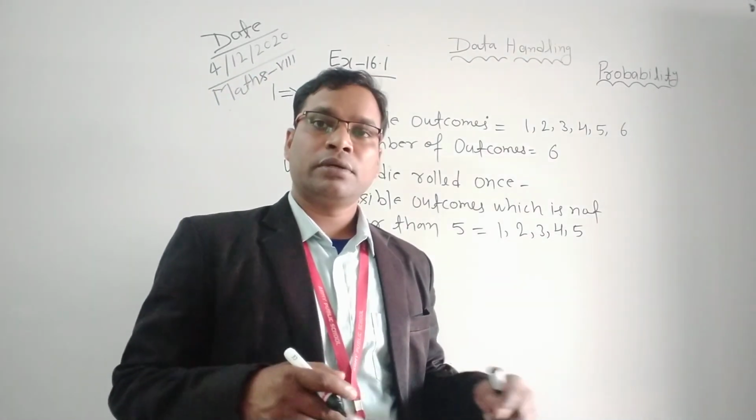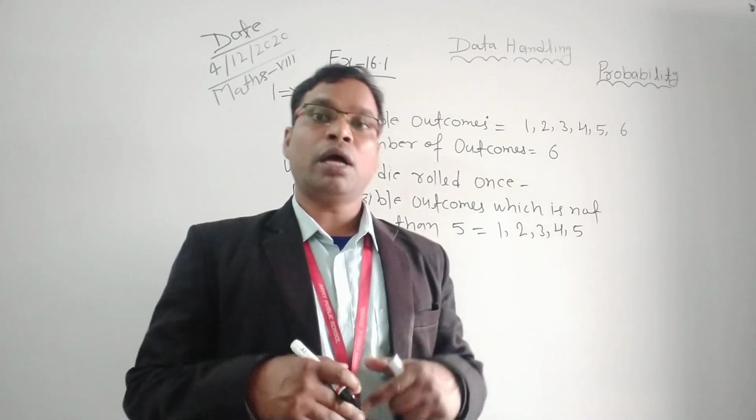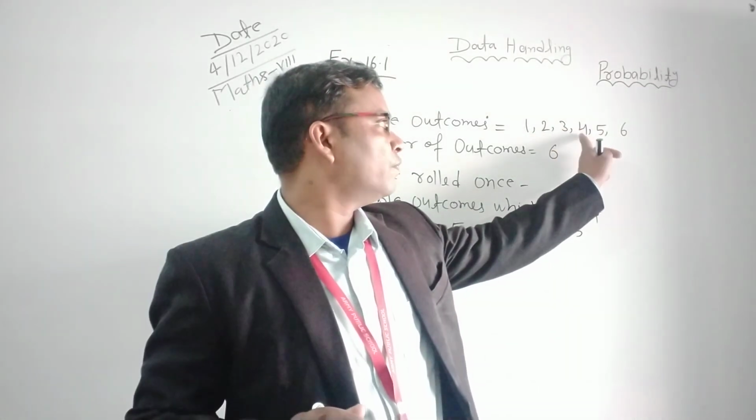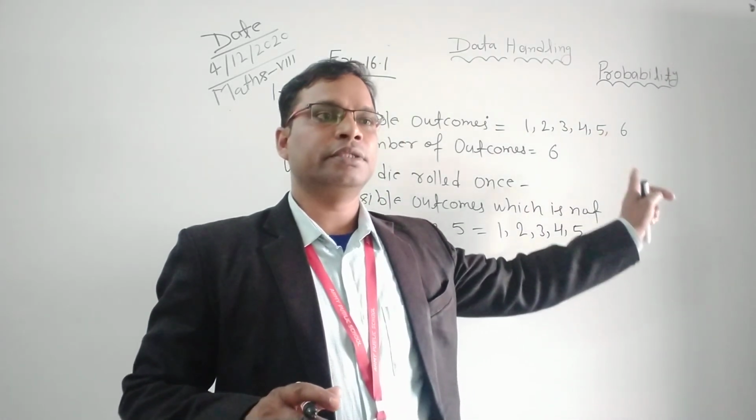Clear? But when a dice is thrown, all possible outcomes without any condition are 1, 2, 3, 4, 5, 6. This is clear?